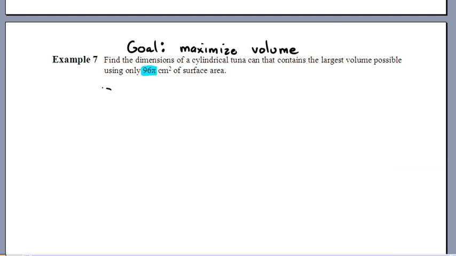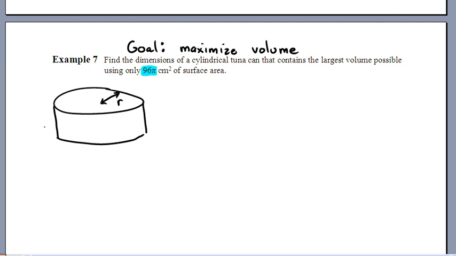And so here's my can of tuna. Looks kind of like this. There's a certain radius to it, and there's a certain height to it. And I want to try to make that volume as big as I possibly can.